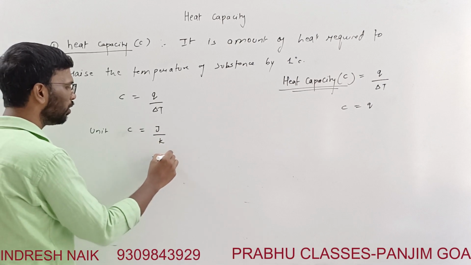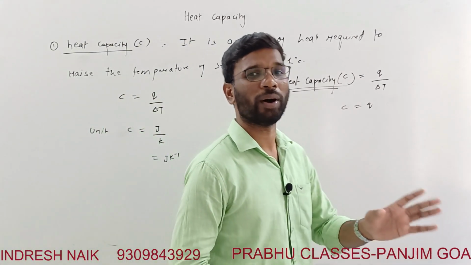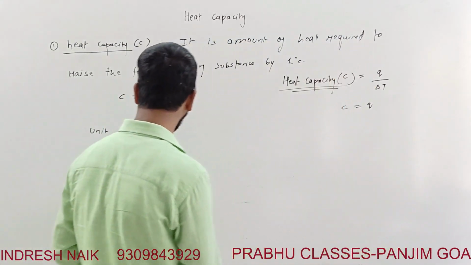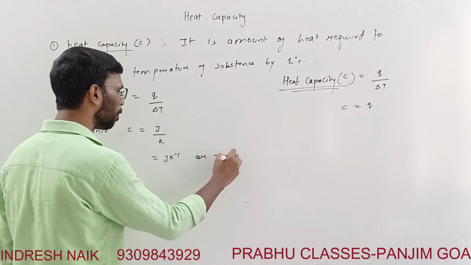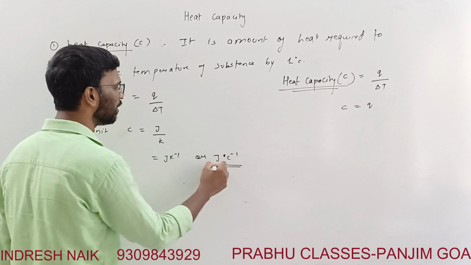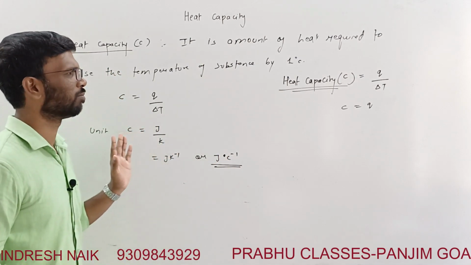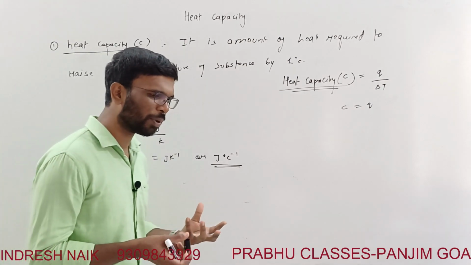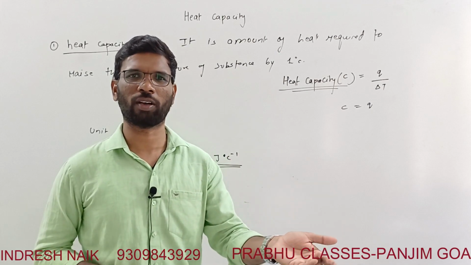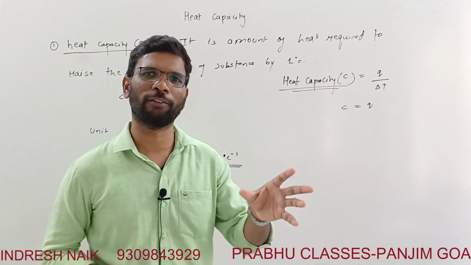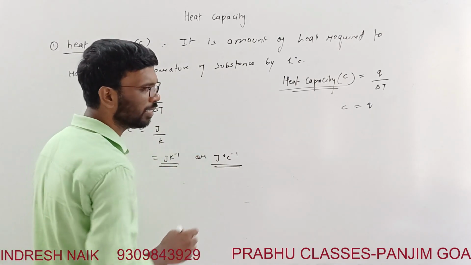So units will be joules per Kelvin, or we can write joules per degree Celsius. This could also be the unit, because this difference will be 1, and whether you convert it into Kelvin or not, the difference is going to remain the same, no? So it is joules per Kelvin or joules per degree Celsius.